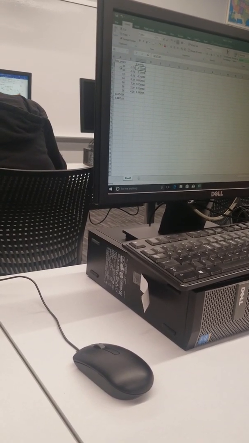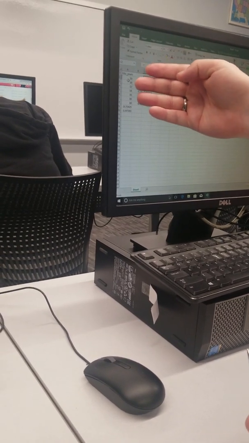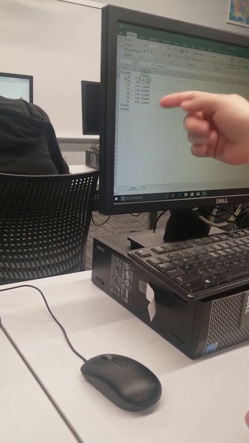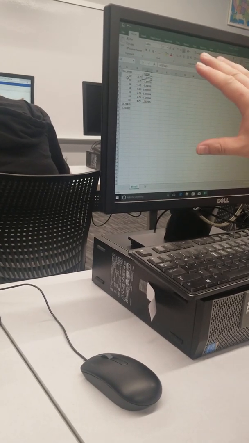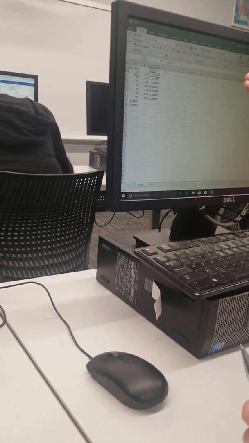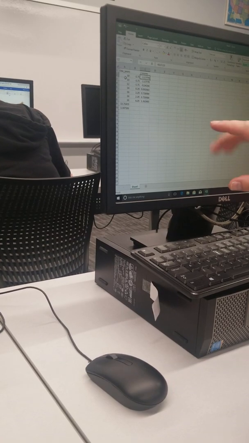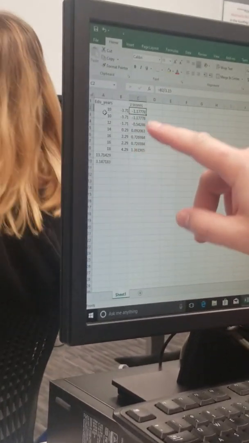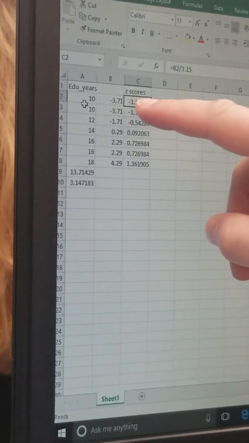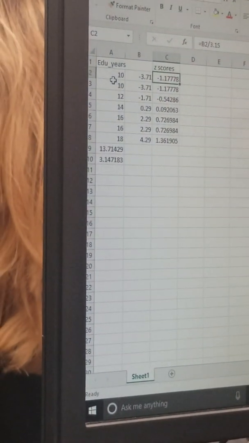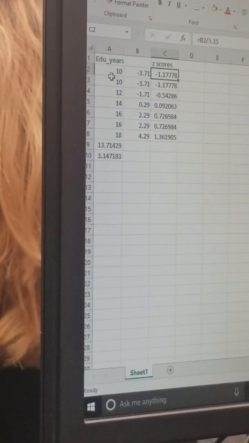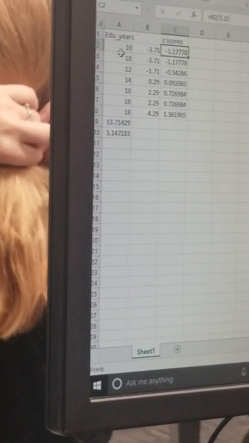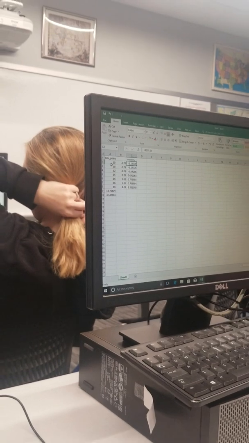If I give you 6 or 7 numbers here and 6 or 7 numbers here, and you're allowed to use the computer, I'm not telling you you have to do it by hand. If you calculate your z-scores and find that this number is the same as this number over here, all you need to do is draw a line, and it will be obvious as long as you know how to calculate.